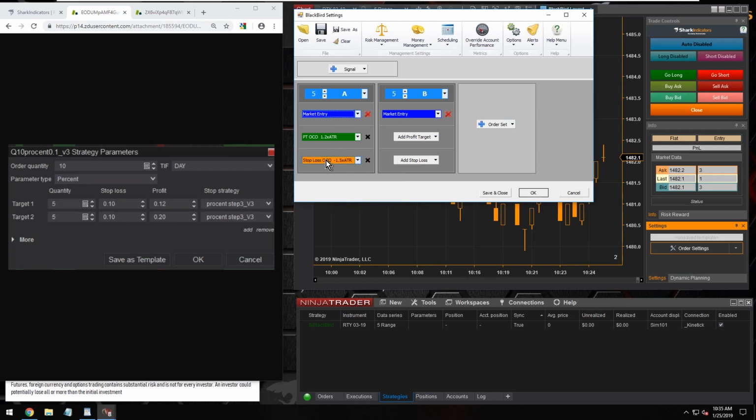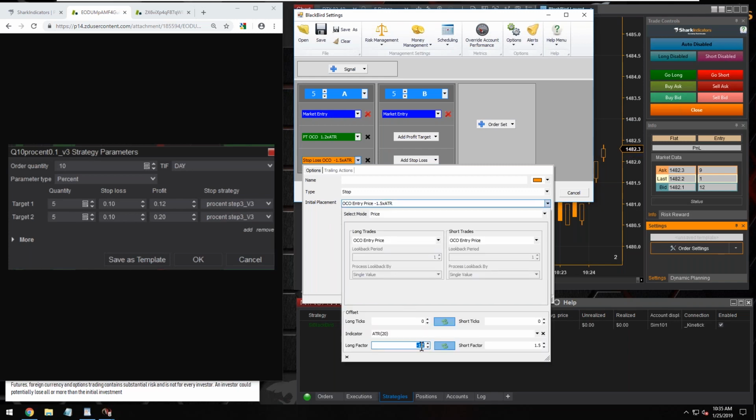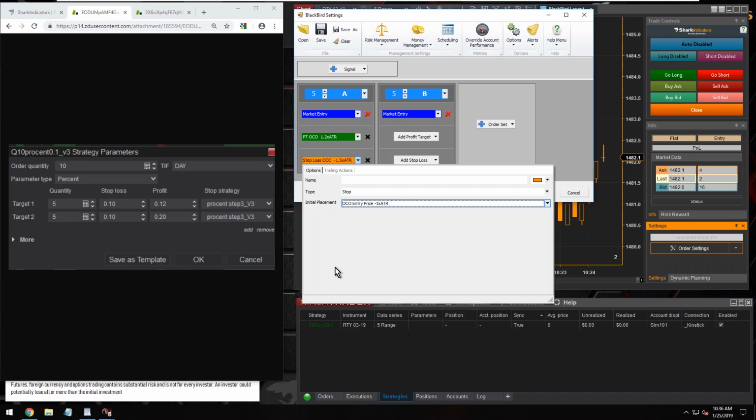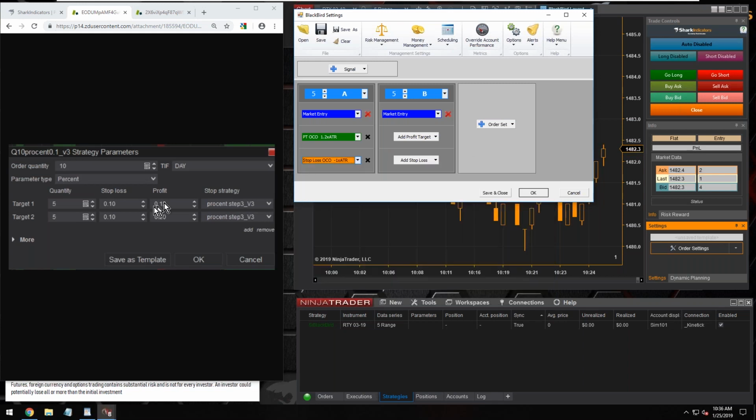All right, so now let's go in here and make our adjustments. I'm just going to adjust this to a 1 ATR. So I'm converting the 0.1% into 1 ATR. All right, and we'll get to the trailing options here in a moment. So let's just finish setting up everything that we see right in this ATM window.